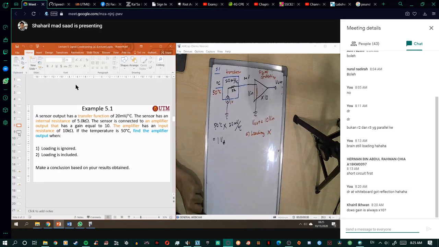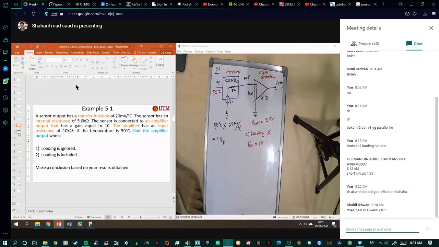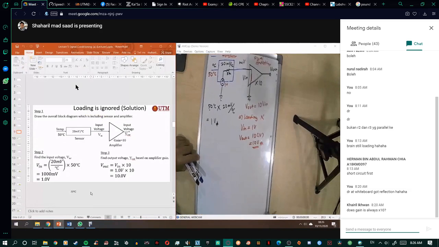When loading is ignored, V in here is equal to 1 volt, or V in equals Vx. Then V out is 10 times 1 volt. So now you got 10 volt here. Done.